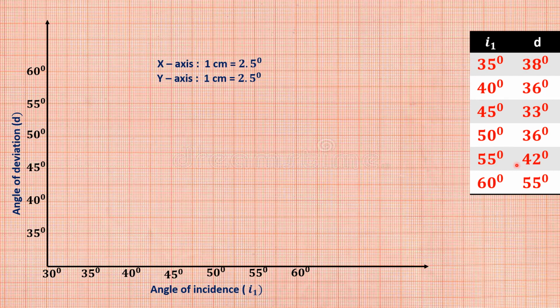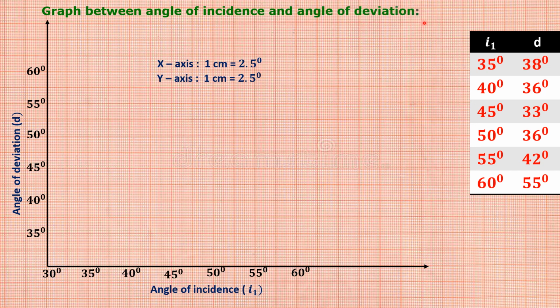So these are the measured values, observed values. See here, graph between angle of incidence and angle of deviation. And the scale I have taken on the x-axis here is 1 centimeter equal to 2.5 degrees. So from here to here it is 1 centimeter and it represents 2.5 degrees.